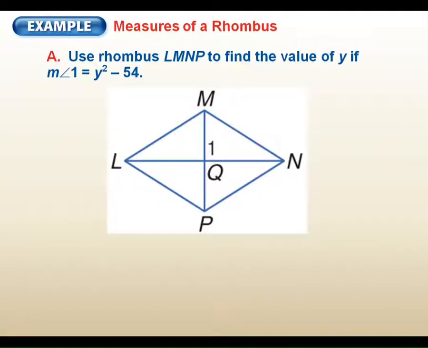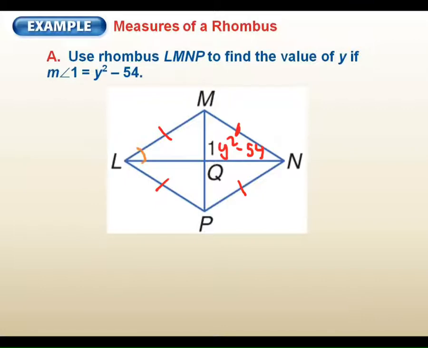So, for example here, if I told you this figure is a rhombus, find the value of y. If I tell you that angle 1 is y squared minus 54. Since it's a rhombus, you know those four sides are the same. And also, since it's a rhombus, you know each of these angles are bisected.